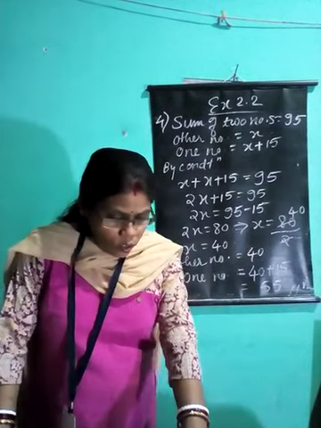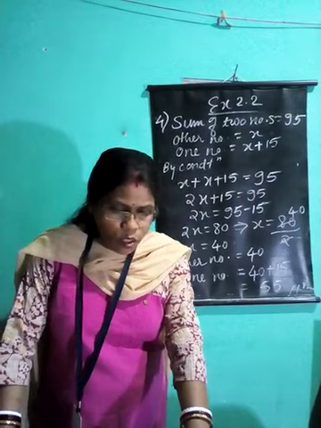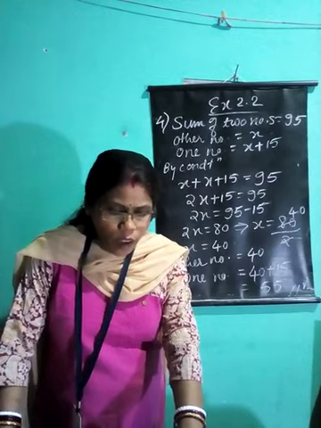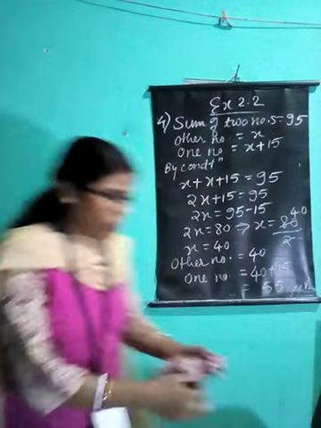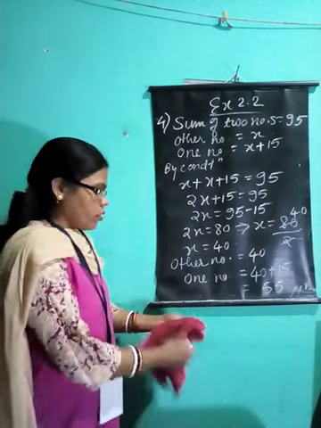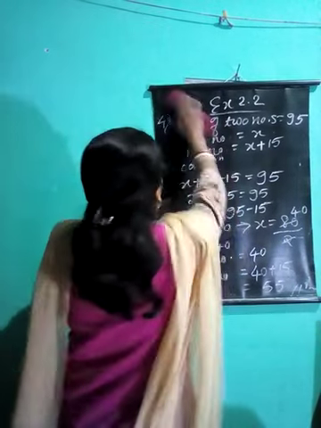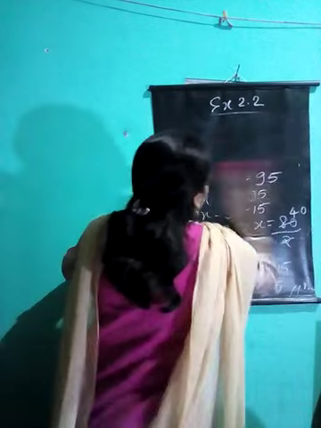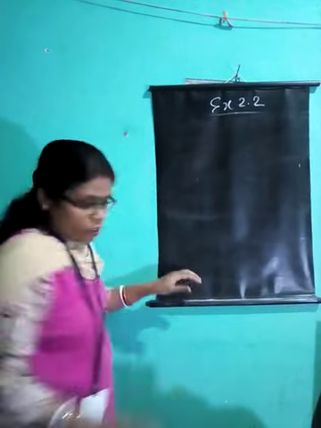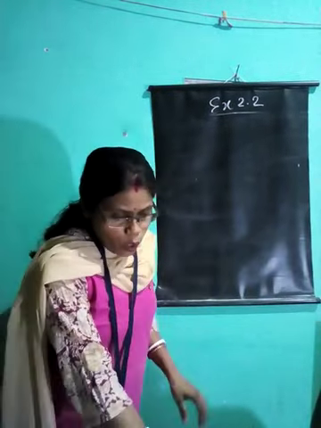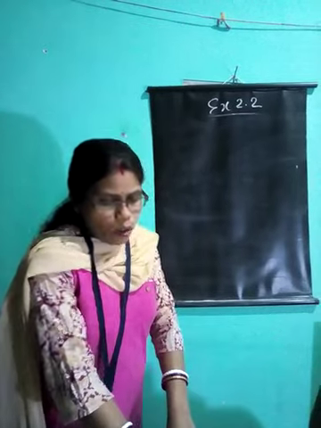Now, the next question, fifth. If two numbers are in the ratio 5:3. What is given? Two numbers are in the ratio 5:3.